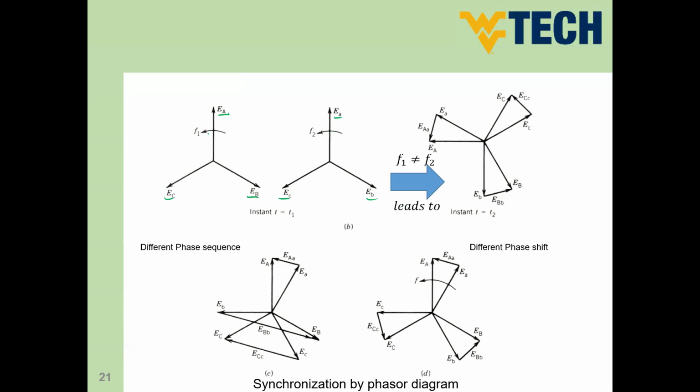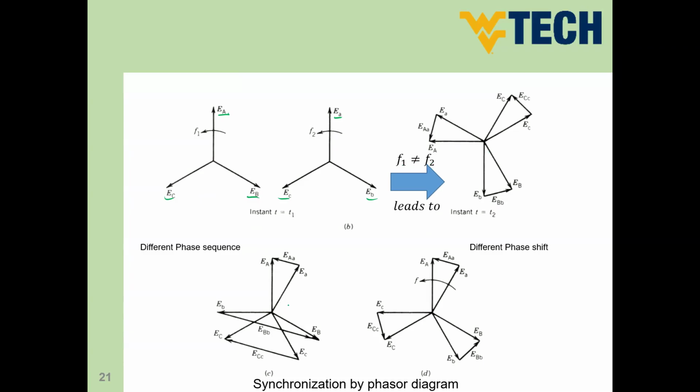But the frequency here is not the same. So at a certain time, you would have a phase shift. After some time, since you have different frequencies, the vector speed is not the same here as here. So at a certain time, you would have a phase shift, and this would make a difference.